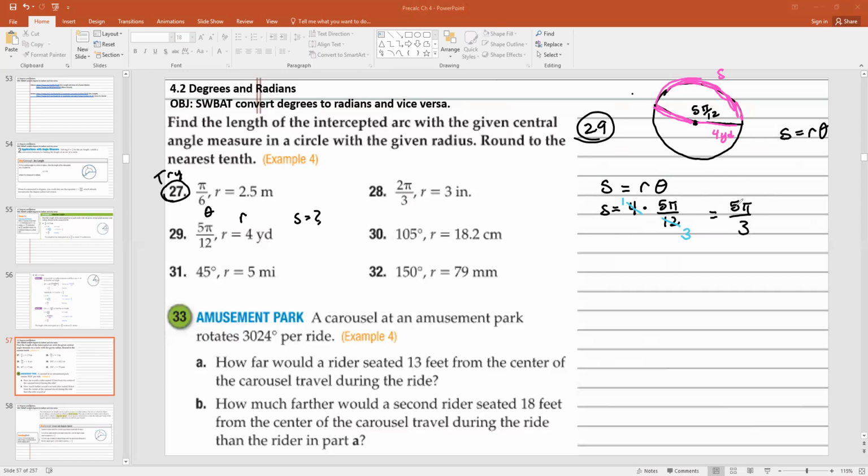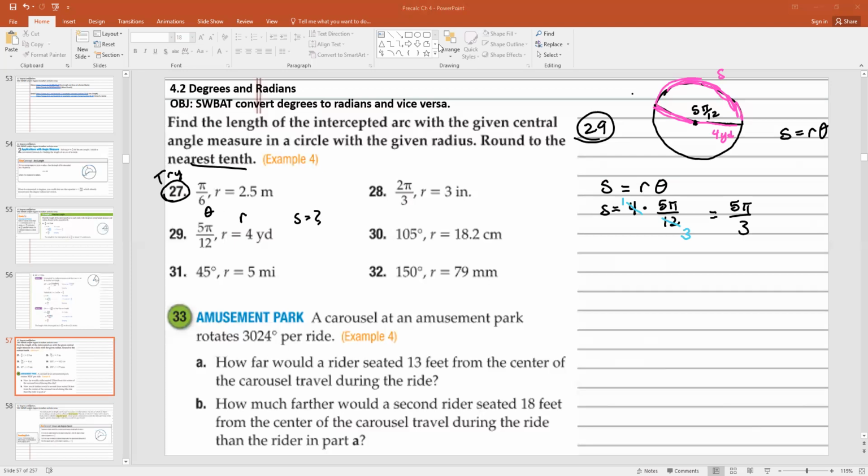Oh, and it says to round to the nearest tenth. So we want to go to desmos.com/scientific. Then you can do 5, and the pi symbol is right next to the 4, divided by 3.